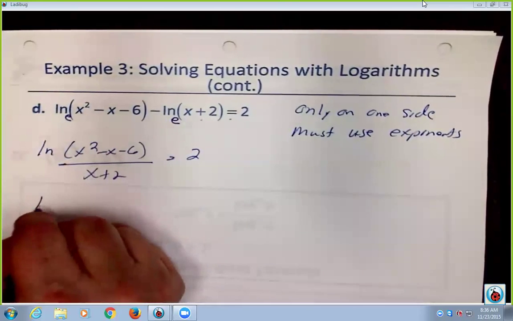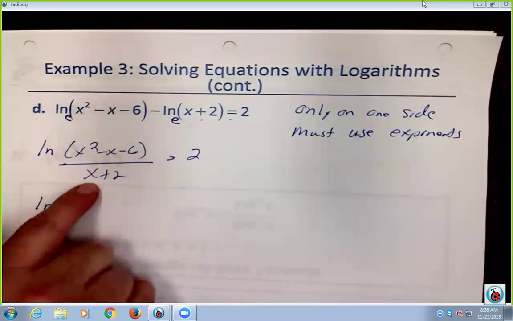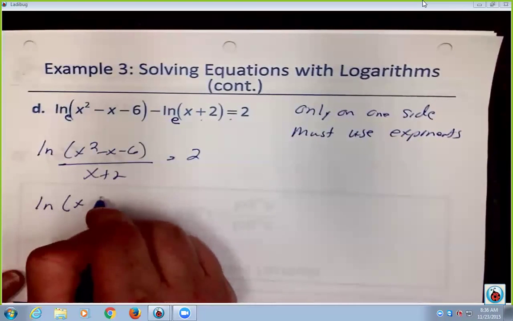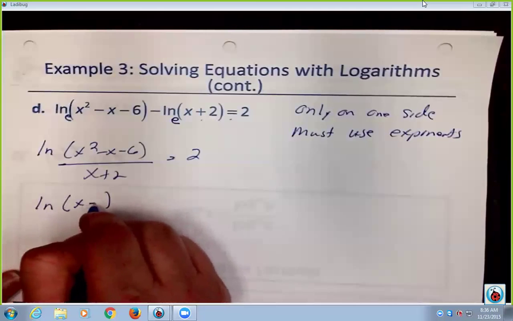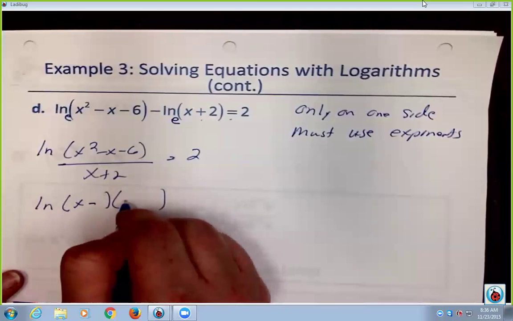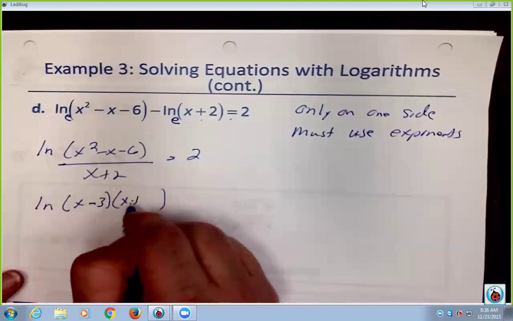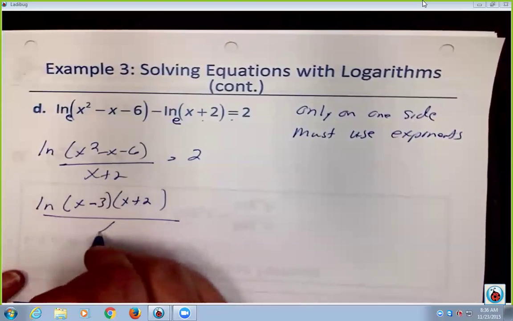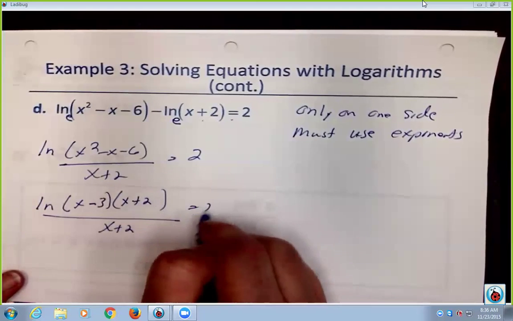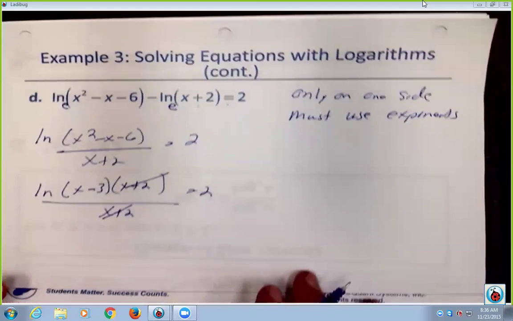See if I can cancel some stuff out here. Whenever they give you this, normally what happens is in the top, you can end up factoring it. So it's going to be an x minus 3 and an x plus 2. So then those two will cancel out.